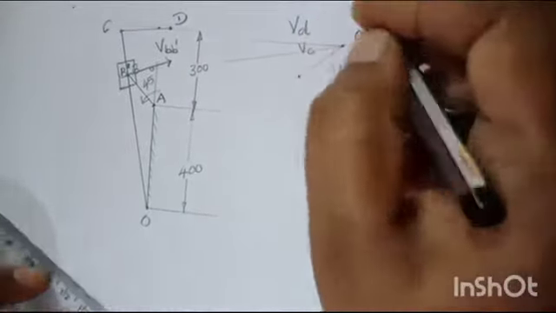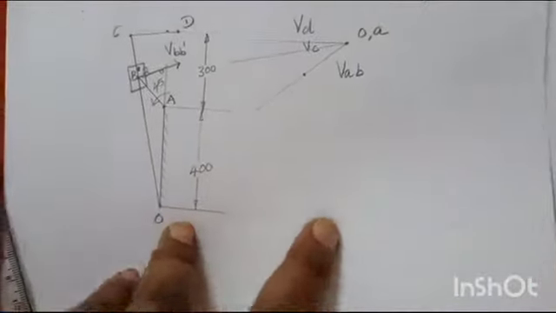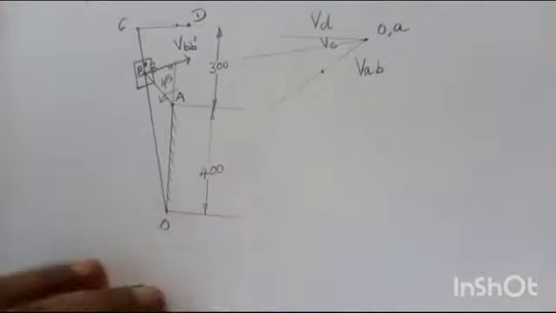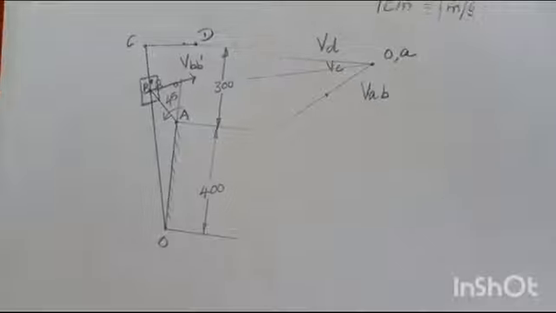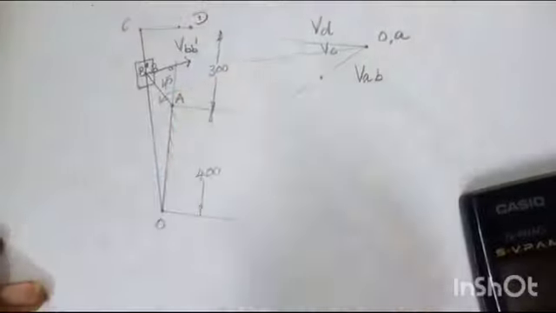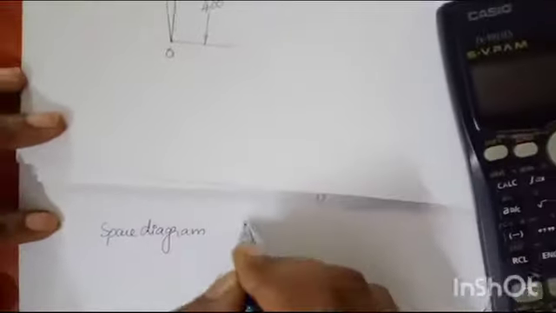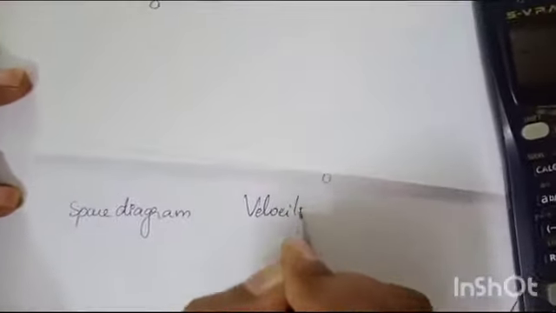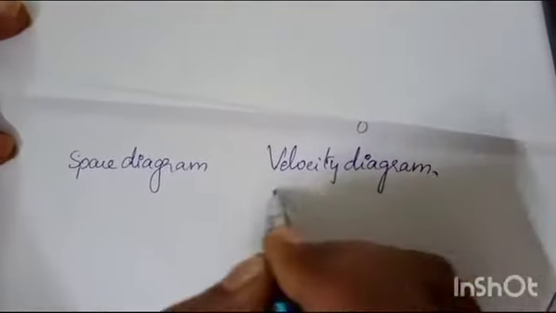Now you need to calculate the velocity of the Coriolis component or coincident point. So how can you take this here? You have two diagrams now, the space diagram as well as the velocity diagram, because you need the C point velocity diagram.